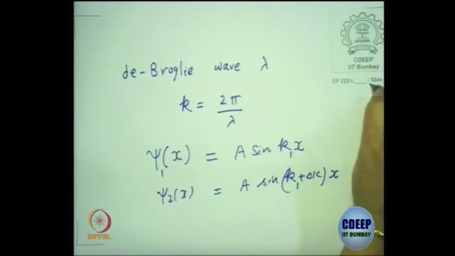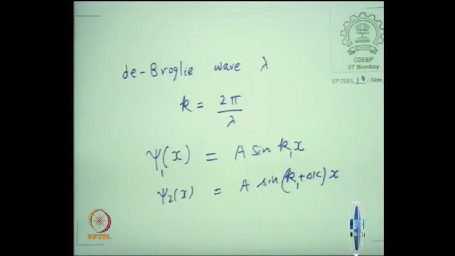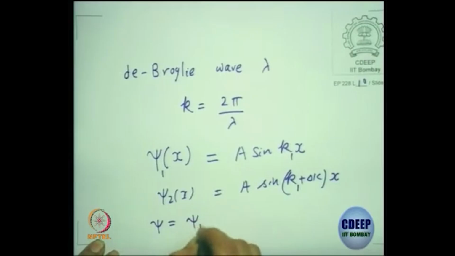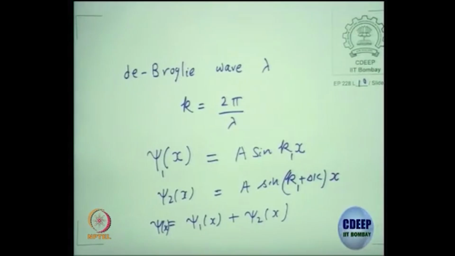So, what will this superposition be? It will give you a new superposed wave which you can write as psi 1 of x plus psi 2 of x, which is the superposed state. When you have only one de Broglie wave, it has a definite wavelength.